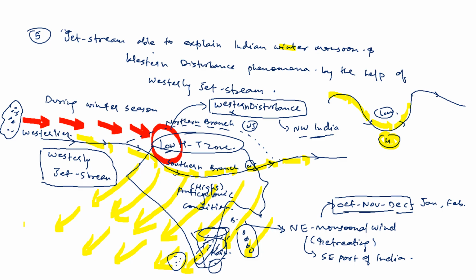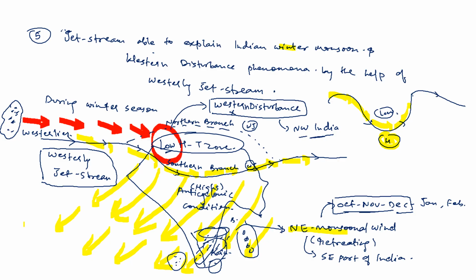One branch goes south of the Himalayas up to the Vindhyachal, and one branch goes north of the Tibetan plateau. The branch that goes south of the Himalayas affects India in two ways. First, south of this westerly jet stream, it is creating an anticyclonic condition, pushing the air downward and maintaining high pressure, and because of that, outward flow of air or offshore winds get established.